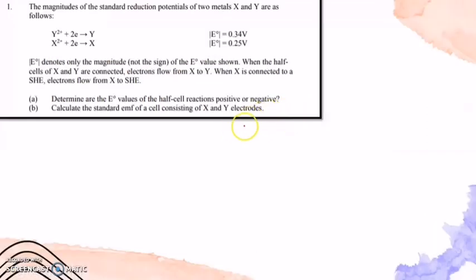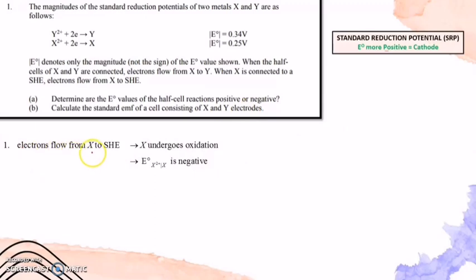Now let's find a clue in this question. When electrons flow from X to She, it means that X is an anode while She is the cathode. You must always remember that electrons always flow from anode to cathode.